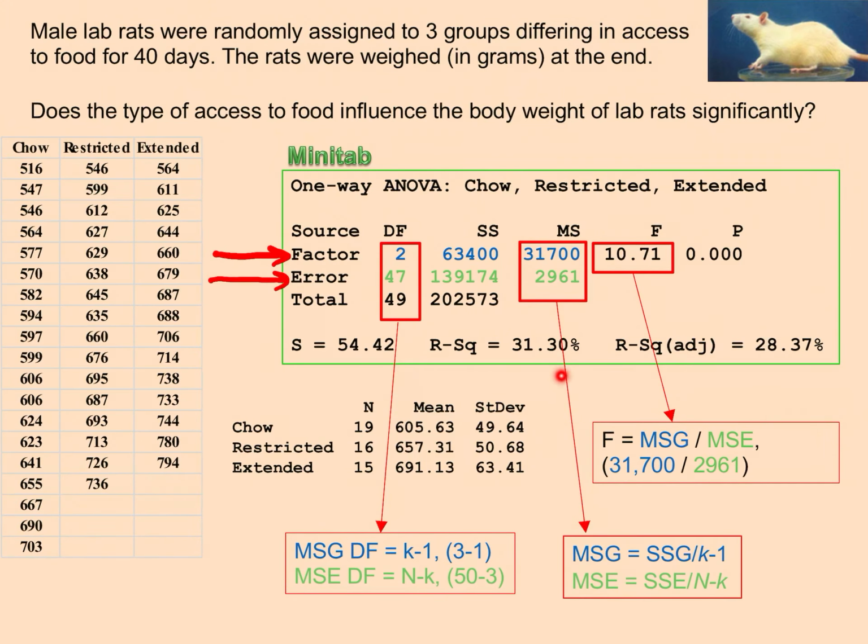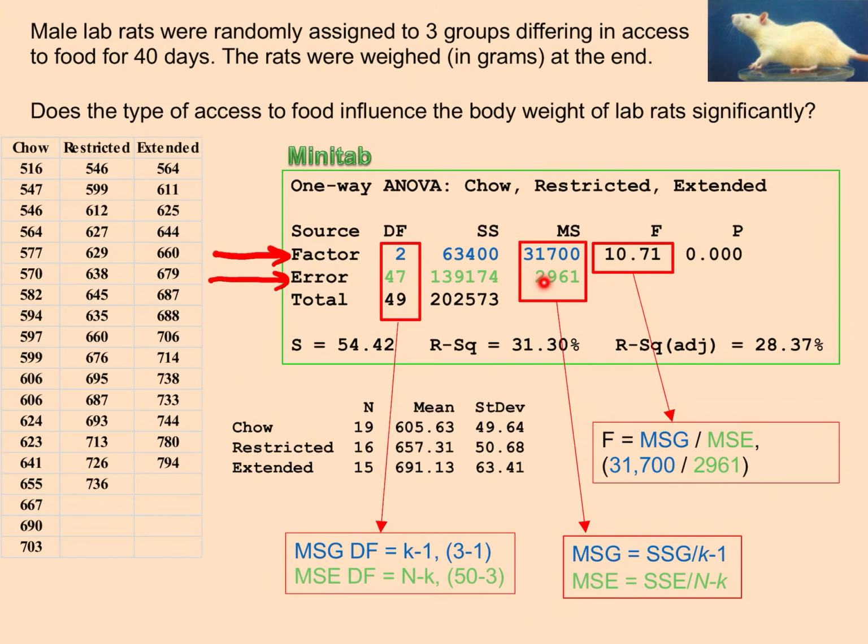All right, so follow this arrow down. Look at the color coding. Blue, 31,700, that's your mean square for groups. That is found by taking sum of squares for groups and dividing by k minus 1. This is your sum of squares for groups. This is degrees of freedom, k minus 1. 63,400 divided by 2 gives you 31,700.